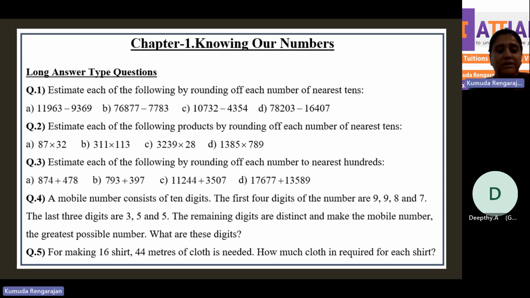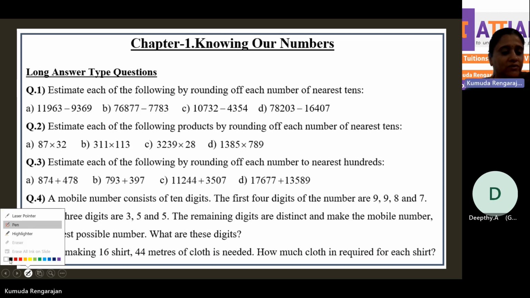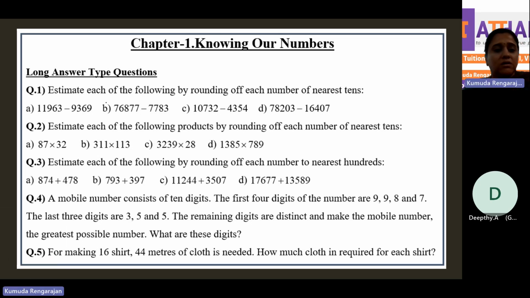No, I've changed my mind. Take down the first question. Let me circle it. Children, in the first one, do only B and D, all right? Second one. Don't take down all the questions, only the ones which I've circled.